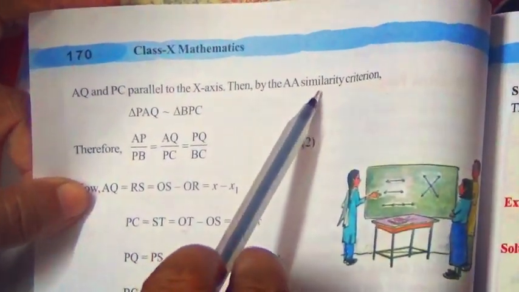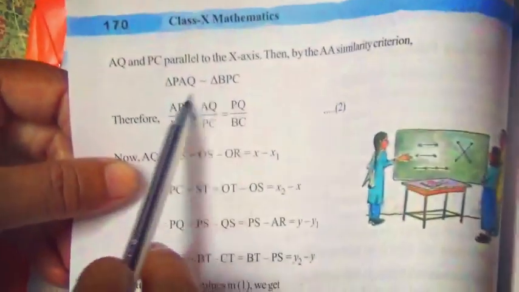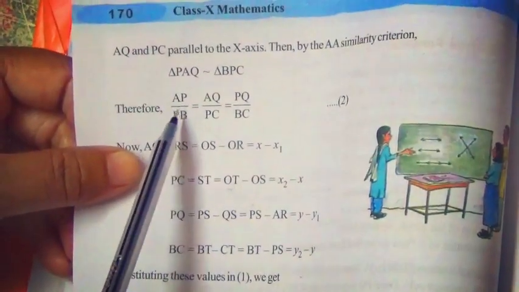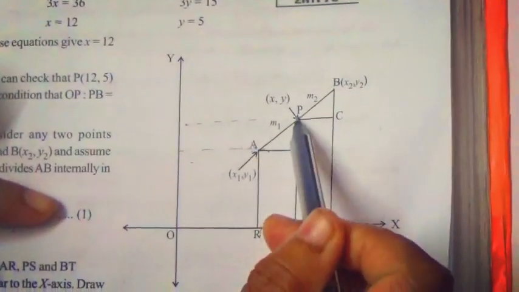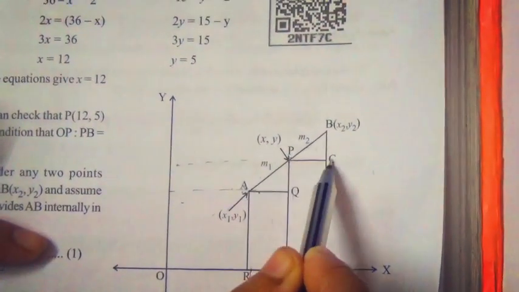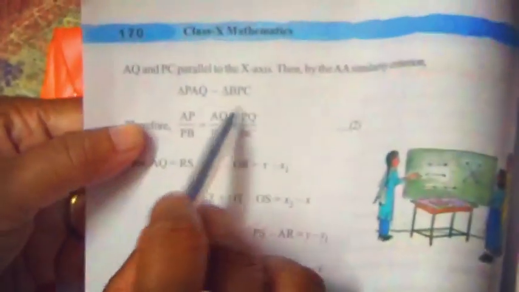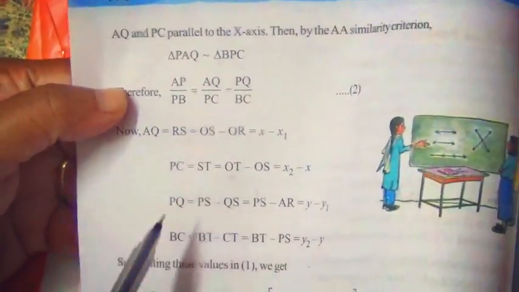You just compare these 2 triangles and write the angle similarity criterion. According to this, these 2 triangles are similar. If these 2 triangles are similar, then we can write the corresponding sides: AP by BP, AQ by PC, PQ by BC.